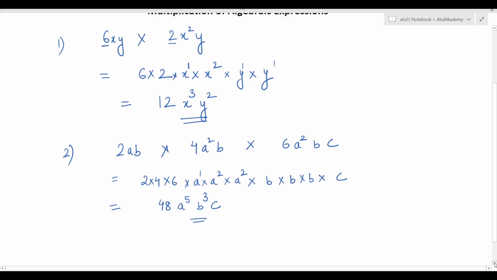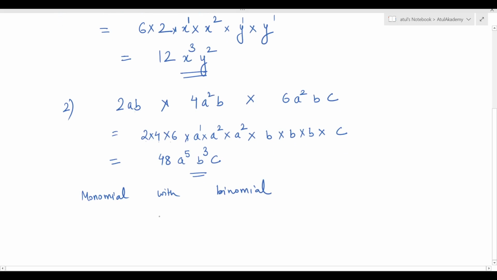This was the multiplication of monomial with monomial. Let us now start with multiplication of a monomial with a binomial, trinomial, like that. So let's consider the first example, when we have to multiply a monomial with a binomial. Let's say you have to multiply 4x multiplied by 2x plus 8y.